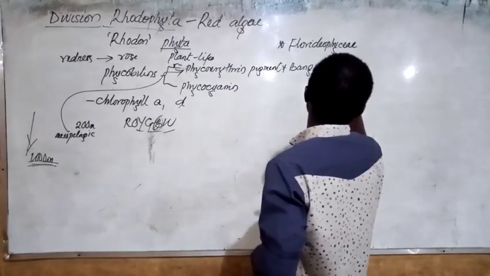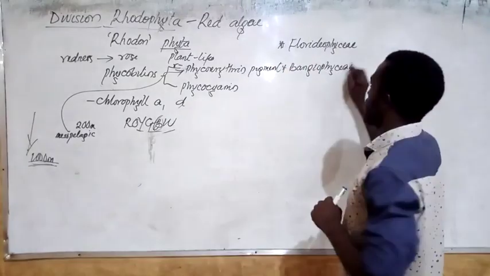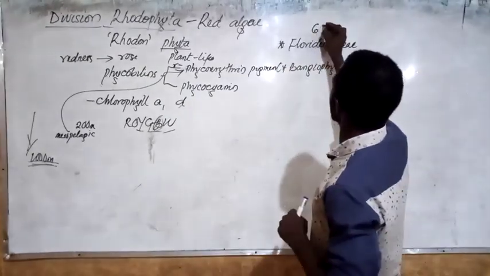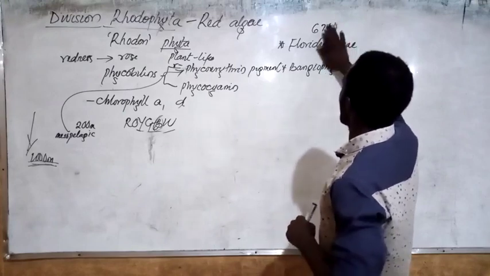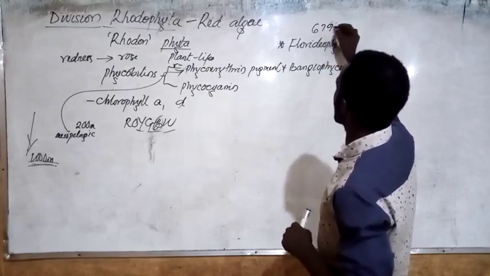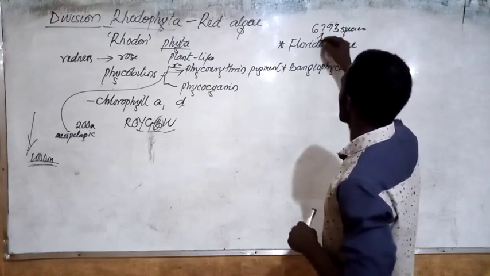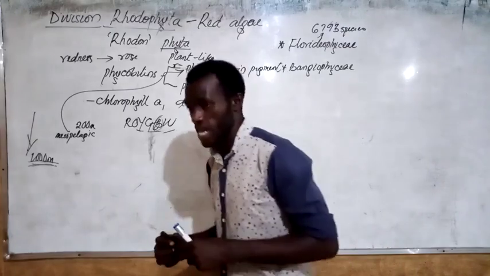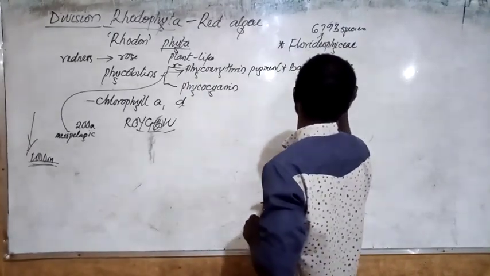We do know that the majority of red algae are in the first group, and according to data, 6,793 species have been named in this group, while only 200 species have been named in the other group.